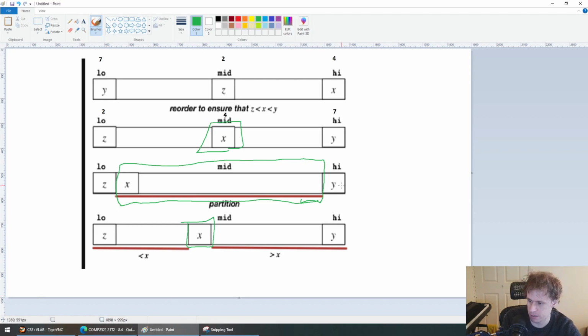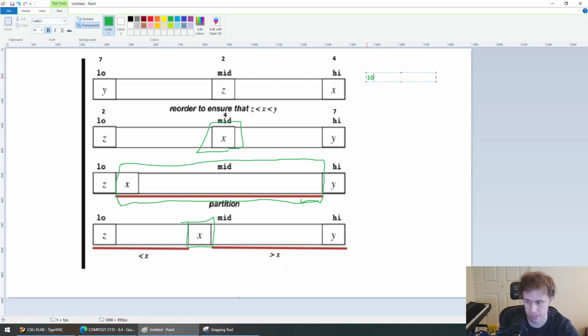Because again, if you think about it, what's n log n? Let's say you have a list of 10,000 things. An n squared operation here is 100 million. But an n log n is going to be something like 25,000.